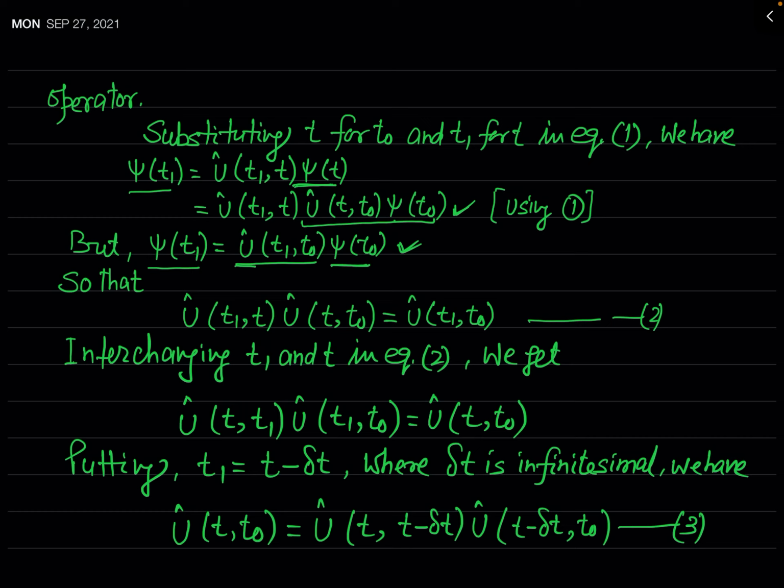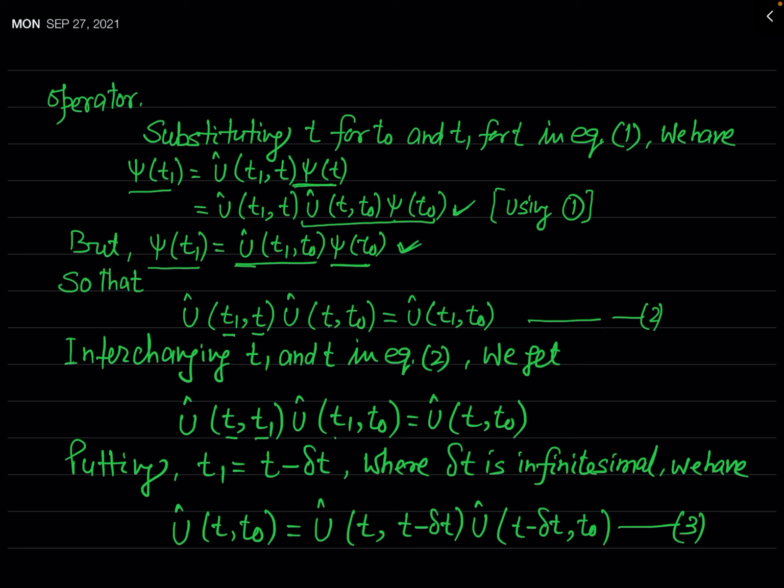Now, if we interchange t1 and t in this equation 2, what does it mean? It means instead of t1 you write t, and instead of t you have to write t1. Then what will be our result? You can see here there is t1, so instead of t1 now we will write t, and here is t, so instead of t now let us write t1.